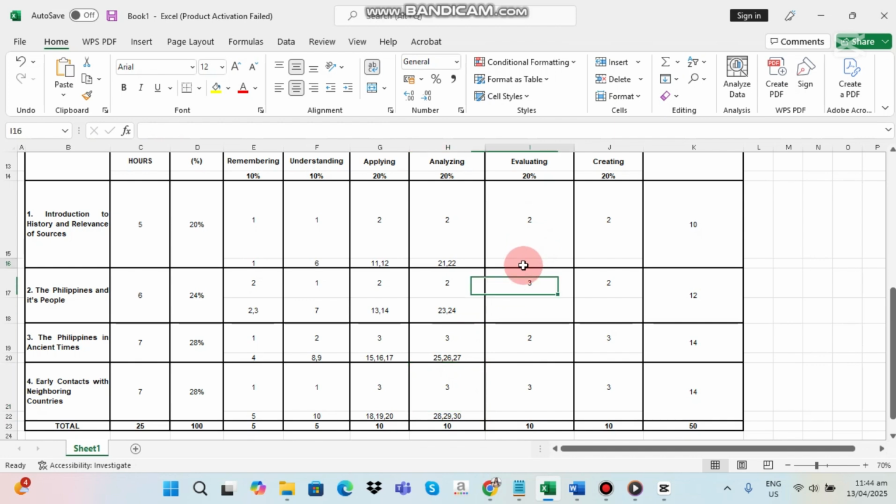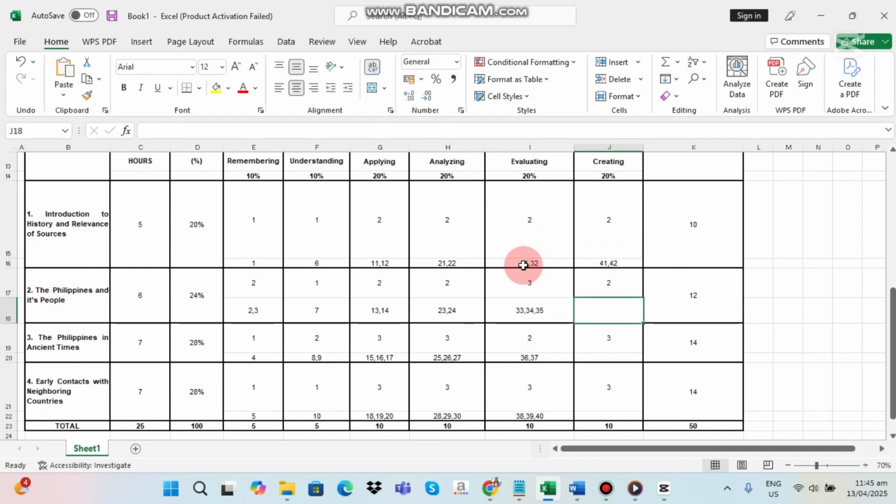Here we have 2 items, so 31 and 32. Then 3 items: 33, 34, and 35. Here too, we have 36 and 37. We have 3 items, so 38, 39, and 40. Then here, 2 items again, 41 and 42.